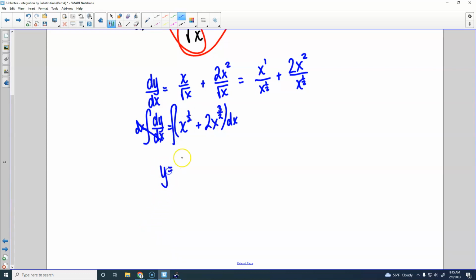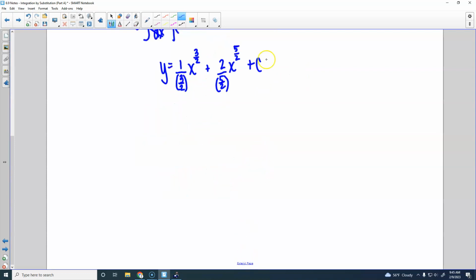So when you integrate this, it's just power rule. There's no u substitution on this. You don't have an inside and an outside. You're just doing x to the 3/2. And then out front, you've got to do 1 divided by 3/2. And then here, you'll get x to the 5/2. And then over here, you'll divide by 5/2. And you'll put your plus c. And we want to simplify that.